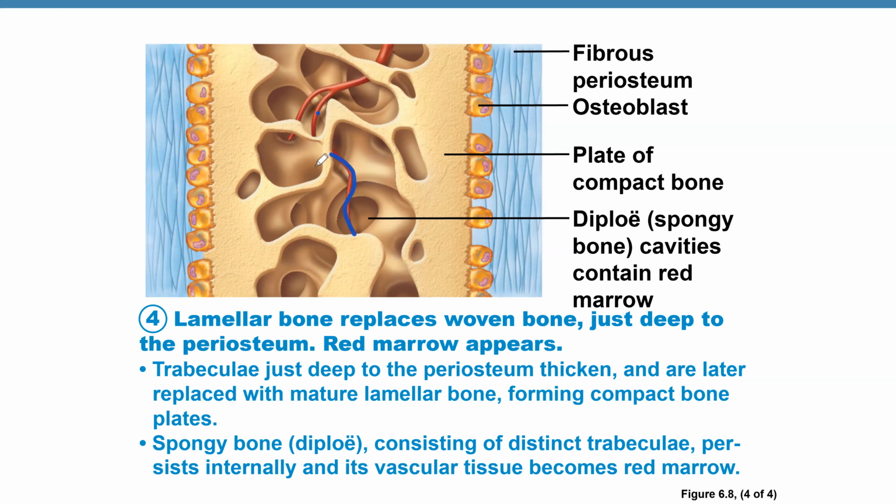The blood vessels will form red bone marrow, and we will have cavities between trabeculae. So we have compact bone on the surface and periosteum covering the bone. A flat bone is spongy bone sandwiched between two plates of compact bone. Flat bones, the same as long bones and short bones, are covered by a membrane called periosteum.